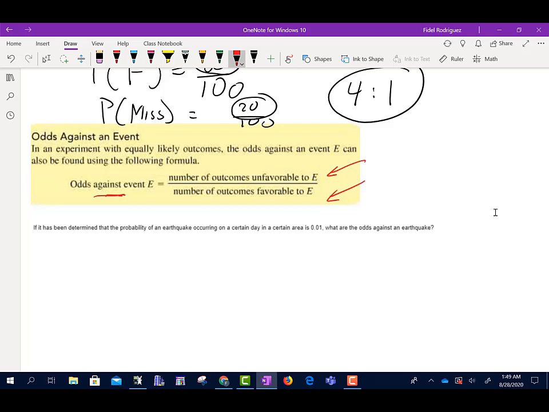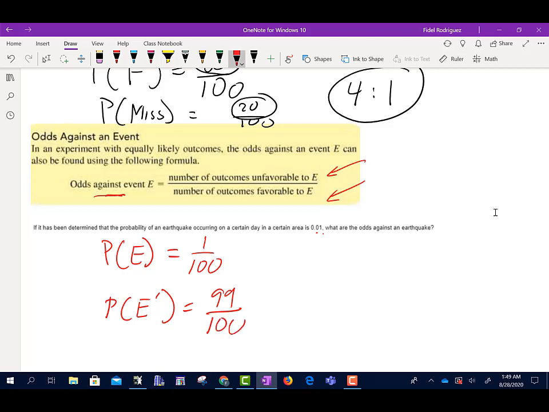It says, if it has been determined that the probability of an earthquake occurring on a certain day in a certain area is 0.1, what are the odds against an earthquake? Okay, so the probability that we're going to have an earthquake is 0.1. So remember what this means. This is like the tenths position, that's the hundredths position. So it's 1 out of 100, okay? So what's the probability that we don't have an earthquake?